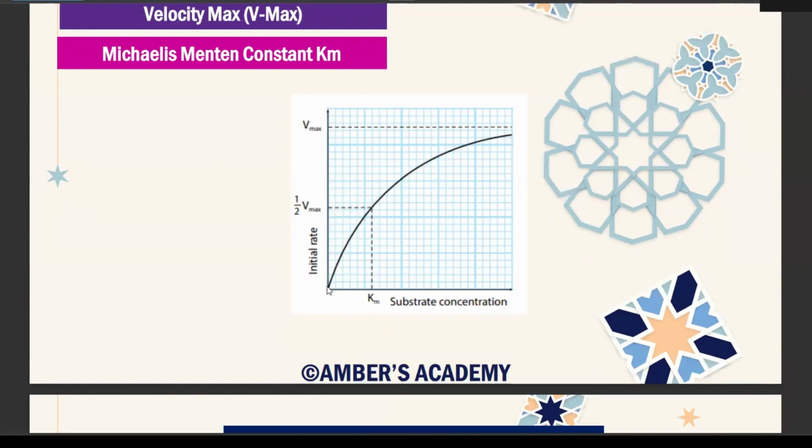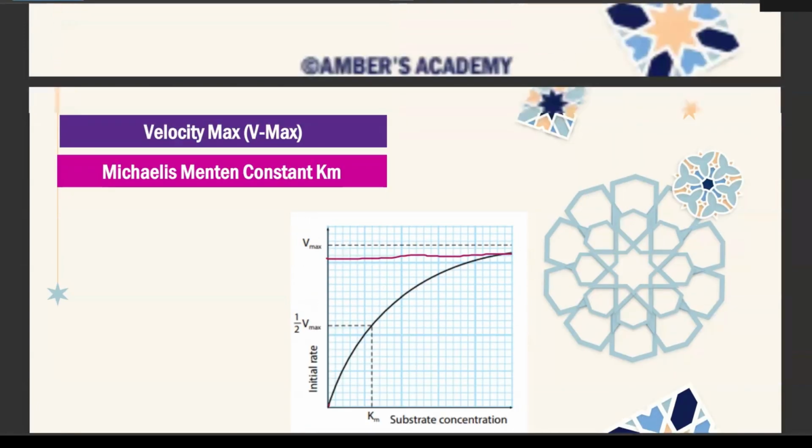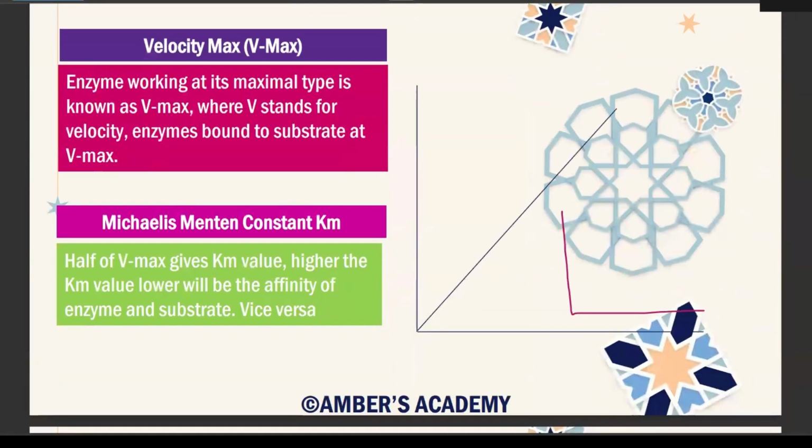अब यहाँ पर you can see कि ये जो आपका graph है वो यहाँ पर आके terminate हो रहा है. It's terminating over here. So the maximum range where your enzyme could show the rate of reaction, this is your Vmax. Vmax is basically velocity max, which shows that this is the best working of enzyme, the maximal point, the time where enzymes are completely bound to the substrate, and this is the best efficiency of your enzymes.